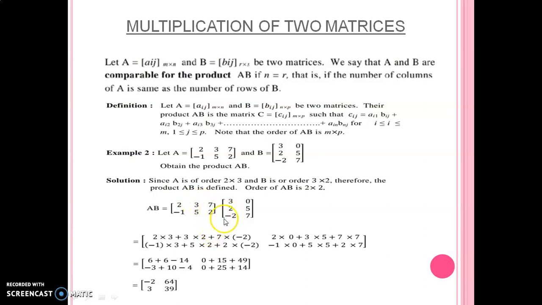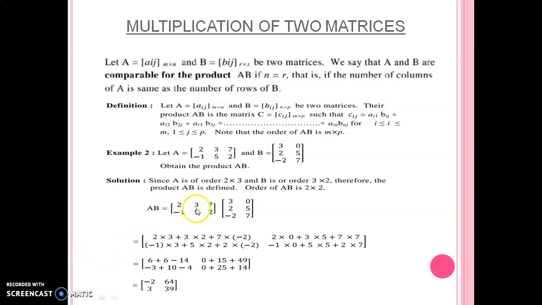Similarly, 7 into minus 2 is minus 14, and we'll add it to the previous value. This will give us the A11 entry of the product of these two matrices. That is, by multiplying the first row with the first column, we'll get the A11 entry.